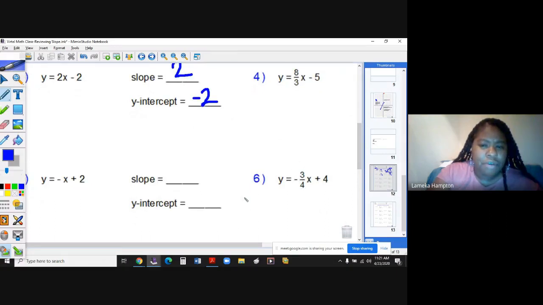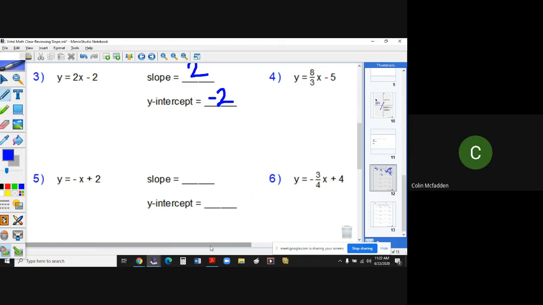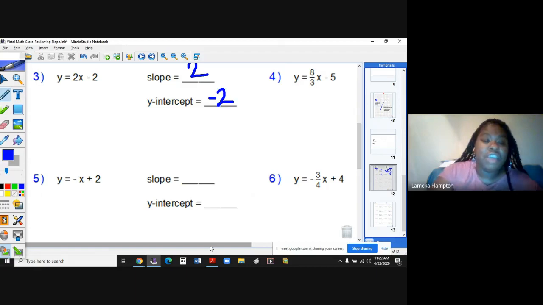Now, number 5. Number 5 is real interesting. The question I have is, is it already in y equals mx plus b? Is it already in that format? Yeah, it is.